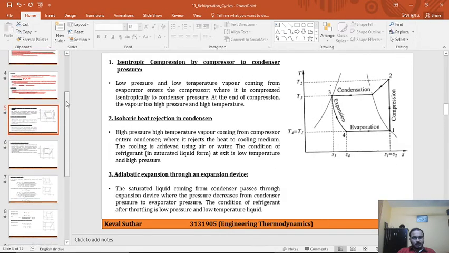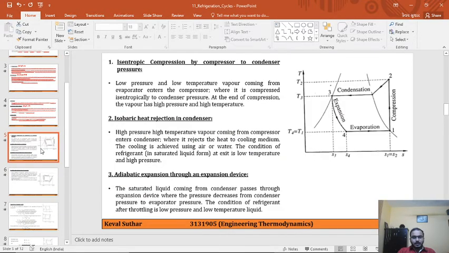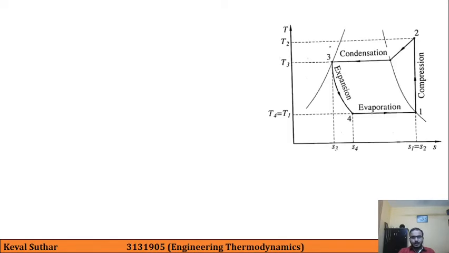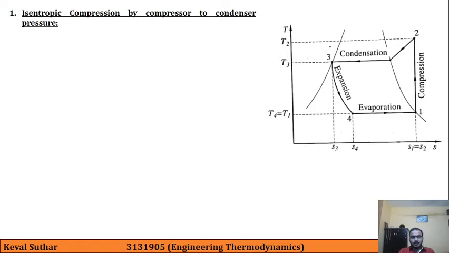So now we will discuss the TS diagram for this refrigeration cycle. This will be our TS diagram. The first process is isentropic compression by the compressor to condenser pressure. If you recall, I was telling you that the first component we will take as compression.